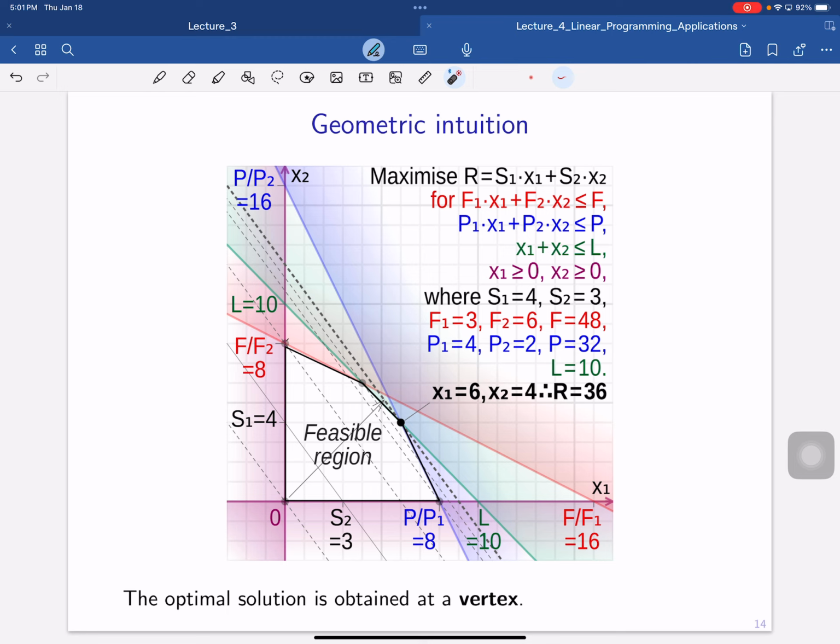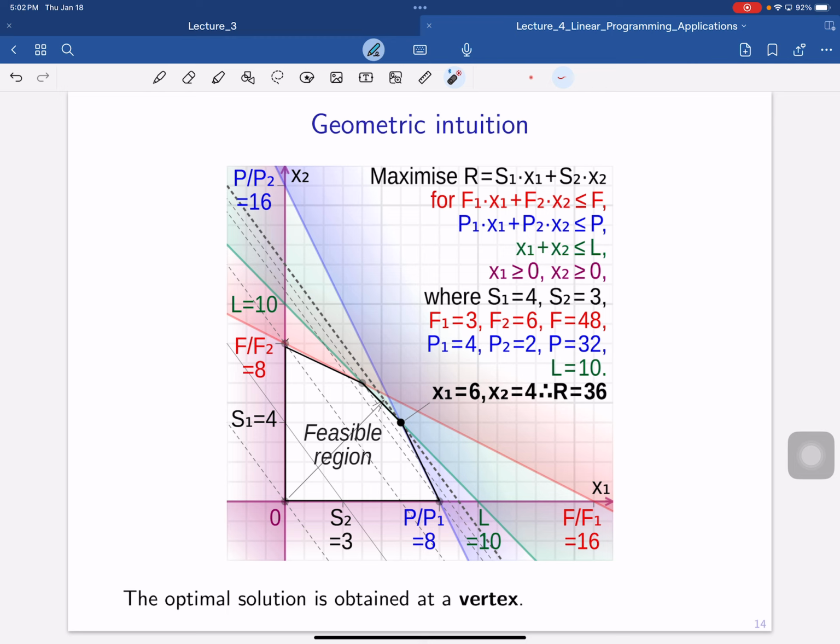So here in this problem, they have plotted this contour plot. As you can see, those dashed lines are the contour lines of this problem, right? And one of the important observations we can get is that the optimal solution of this problem is at one of the vertices of this polyhedron, right?